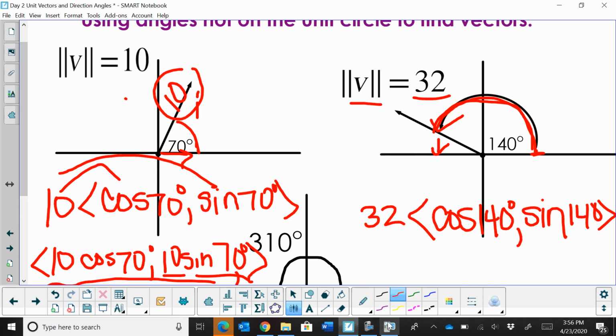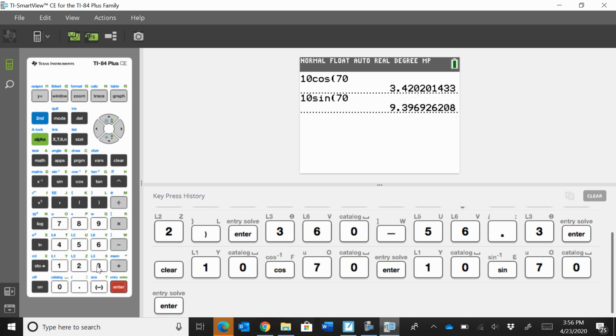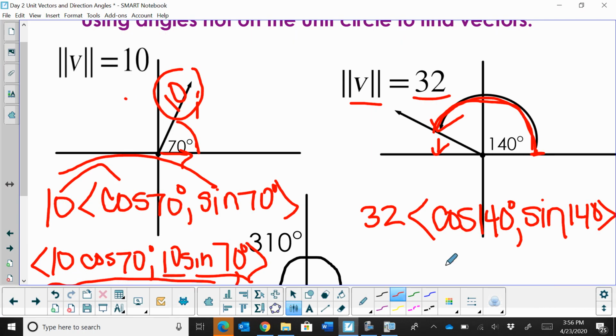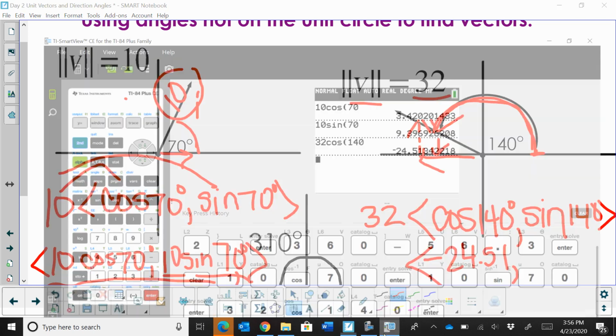So let's grab our calculators and distribute that in. 32 times cosine of 140. And that's going to give us negative 24.51. Well, negative makes sense because we are going in the second quadrant, so the x-coordinate should be negative, but we know the y-coordinate should be positive, so let's check it.